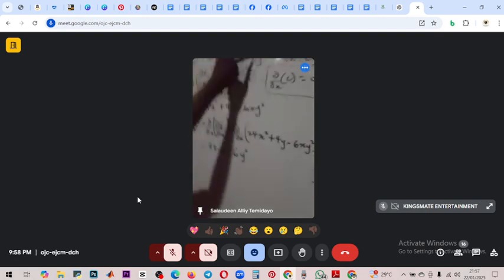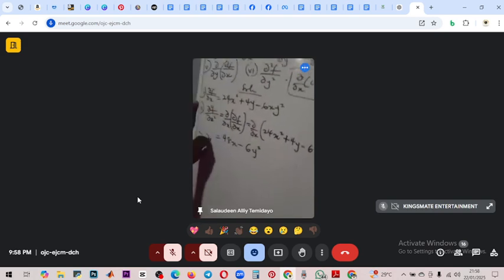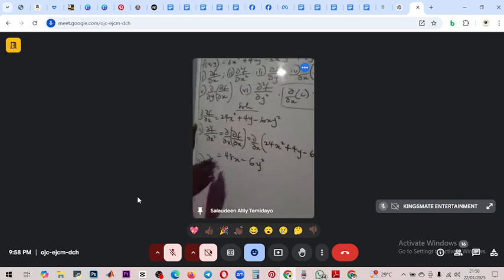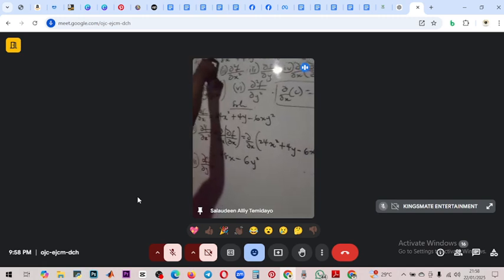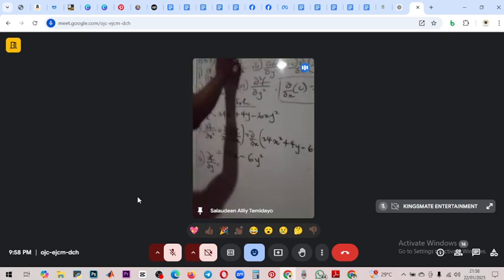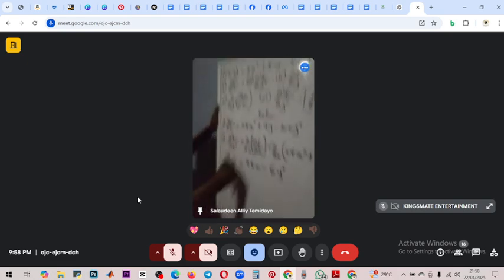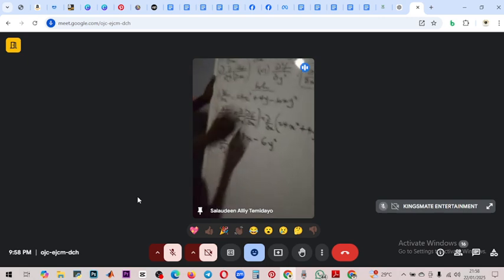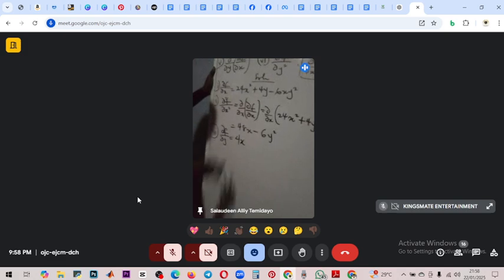The third one is ∂f/∂y. This is your f. Always remember, ∂f/∂y means differentiating f with respect to y. That means 8x³ becomes 0. 4xy, treat your x as a constant, becomes 4x.